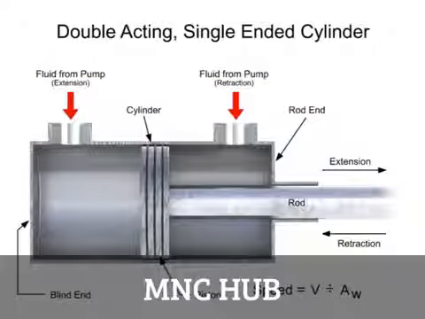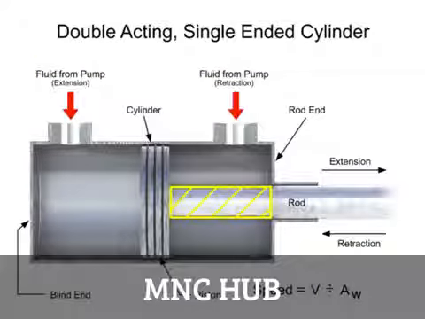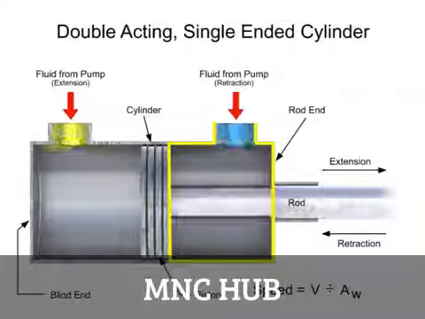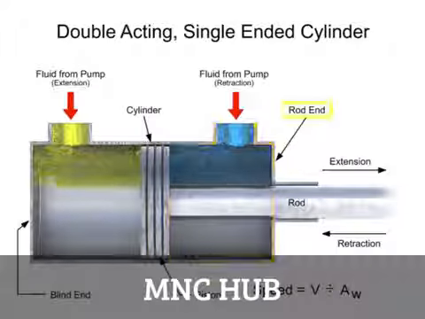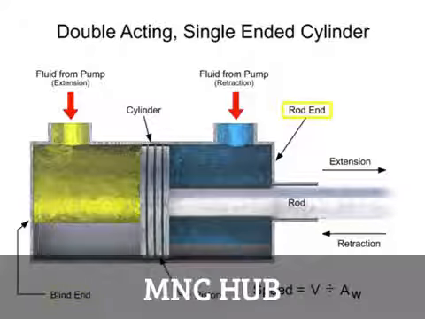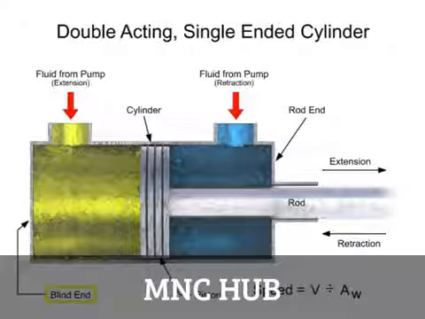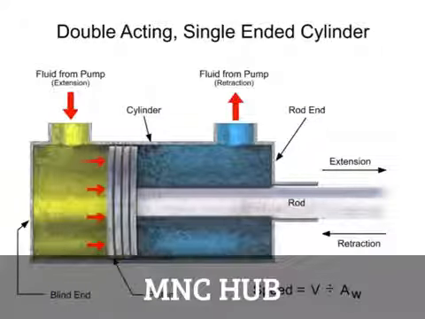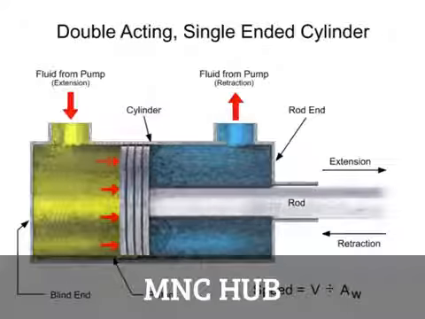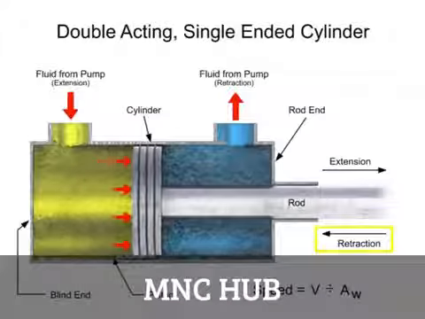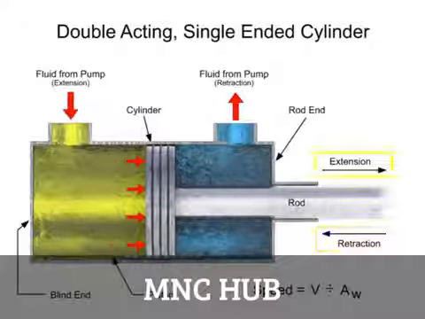Because the rod takes up space within the cylinder, less fluid is required to fill that side. This means that the fluid can fill the rod end side more quickly than it can fill the blind end. Since the rod end side fills with fluid more quickly, the cylinder will always retract faster than it can extend.